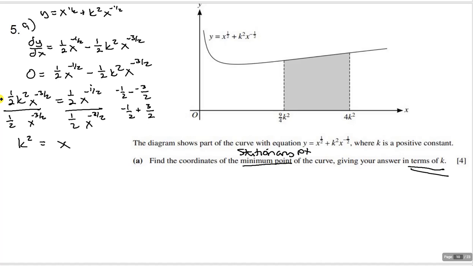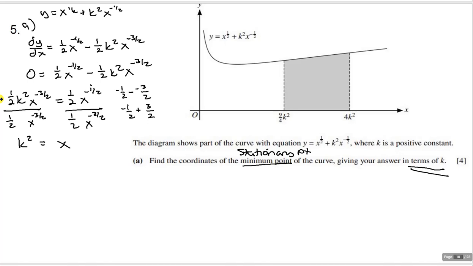X equals k squared. So now, if this had been a number, and I found out that x is equal to 3, then how would I find out what the y value is? Well, I'd go back to the original function, and I would substitute in what x was equal. I'm still going to have to do that because I have to find out the coordinates, and I need the y value.